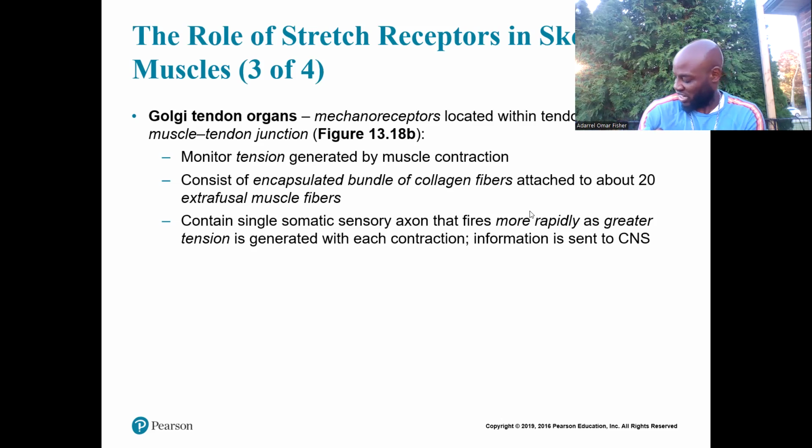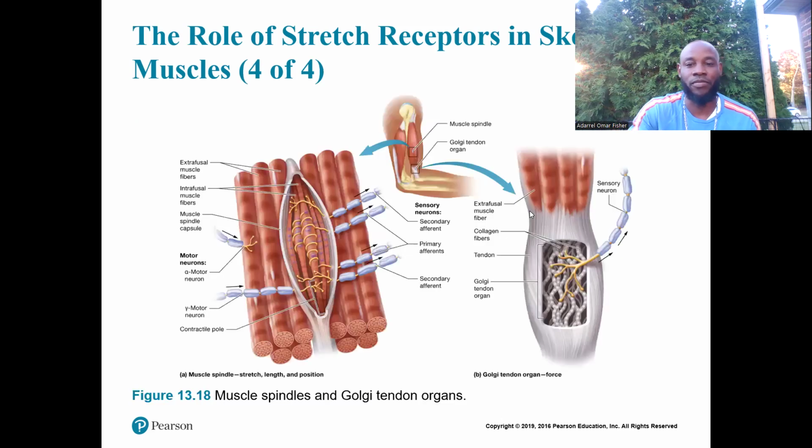So when that muscle is tensing up, it's firing and sending that information to your CNS, your central nervous system, right? So this is showing you the muscle spindles and the Golgi tendon organs. The big picture is they can sense the force of the muscle.